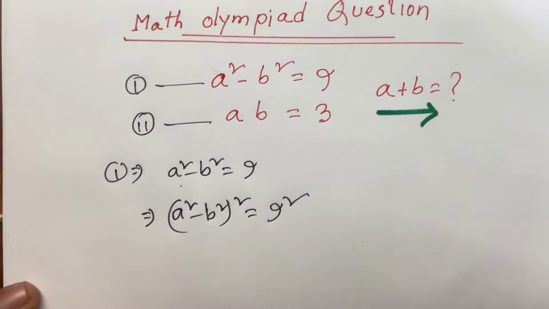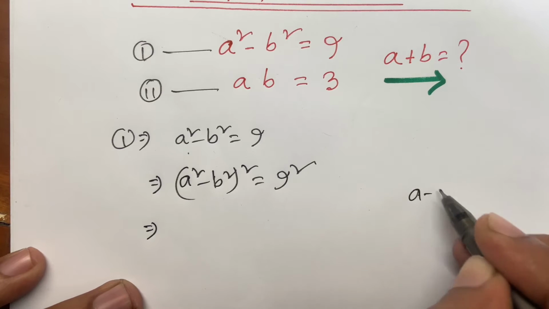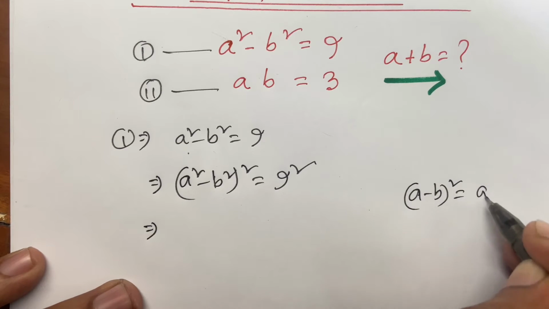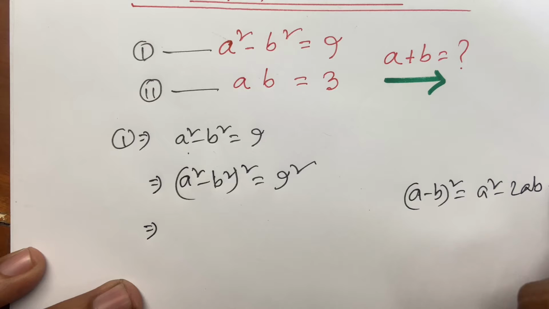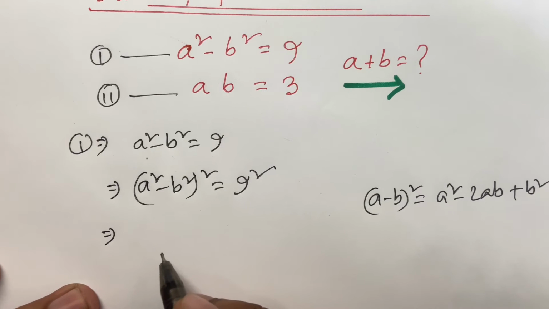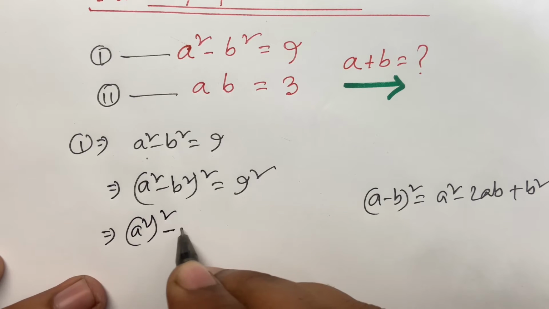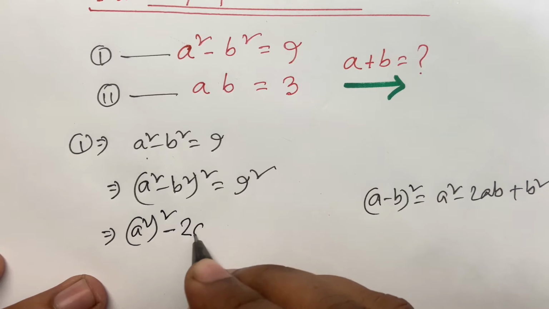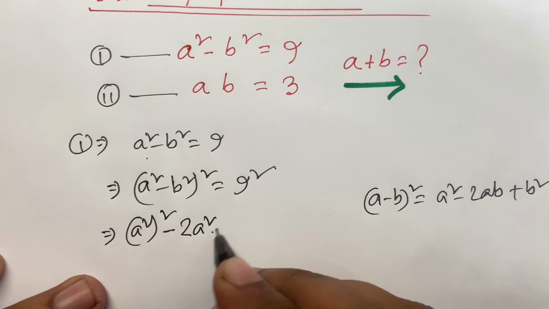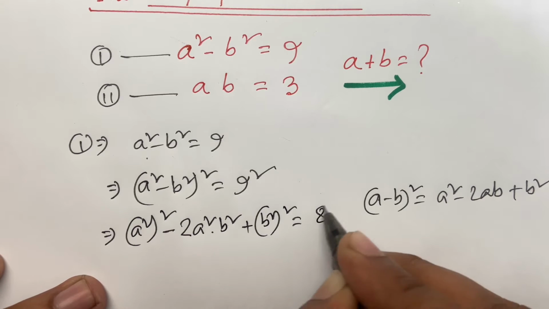Now I can see easily, we know that (a minus b) whole square equals a square minus 2ab plus b square. I apply this formula in this line, so now I can see easily (a square) whole square minus 2 a square b square plus (b square) whole square equals 81.